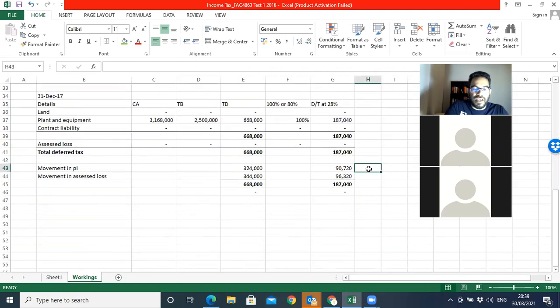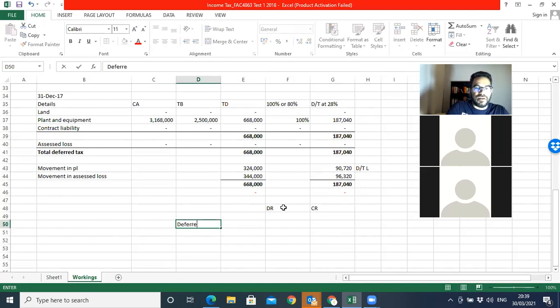Because I concluded I have a taxable temporary difference and a deferred tax liability, my journal entry looks as follows. I have a liability that is increasing. A liability increases on the credit side. So I say deferred tax, which is SFP, is increasing.